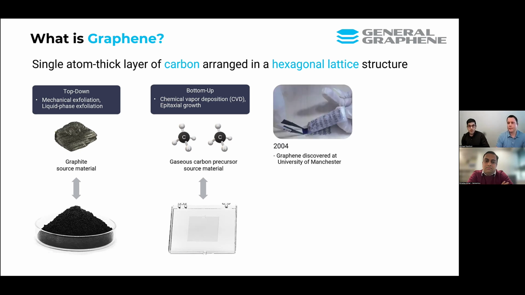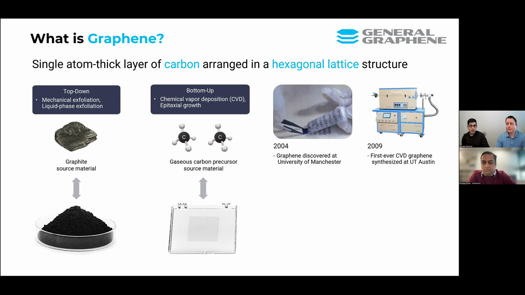So, a brief history about graphene, of course, starting with, as most of you would be familiar, its discovery in 2004 at the University of Manchester. That really was the spark of the innovation in this field. Moving more on to the CVD side of things, 2009 is really when the first ever CVD graphene was synthesized at UT Austin with the Rodney Ruoff group.